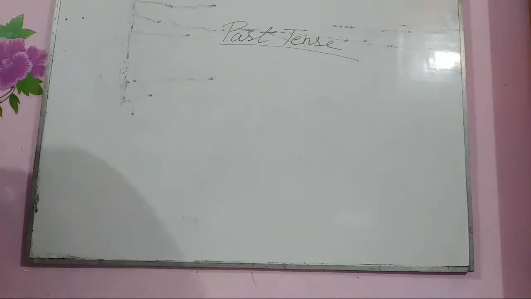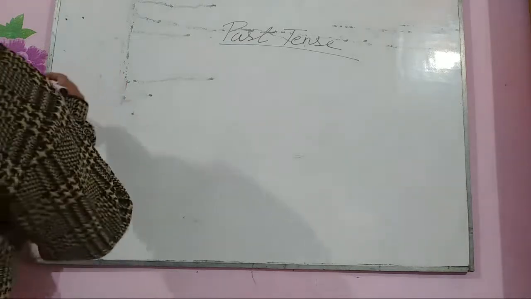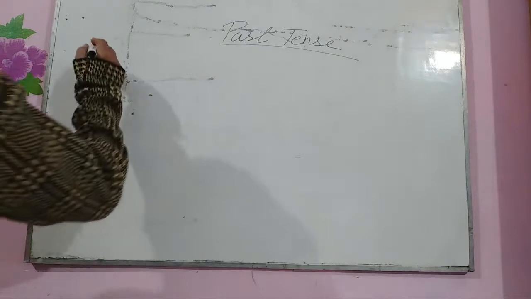So, let's see the formula for past indefinite tense. Here we are going to see past tense indicates an action or work that took place in the past time, or the action that has been completed. Okay, so let's see the formula.